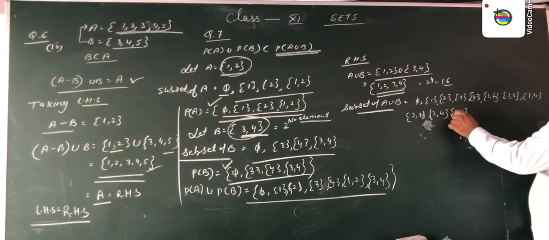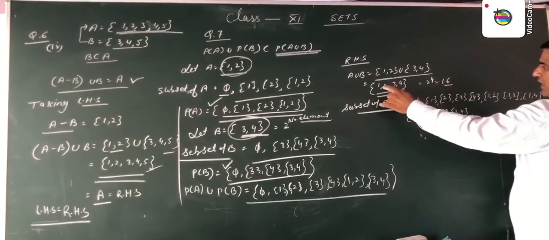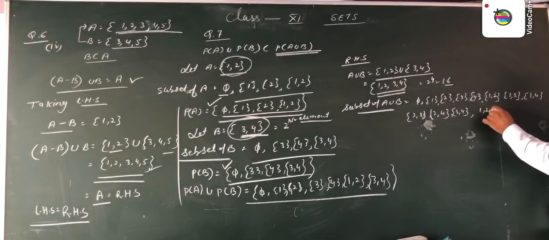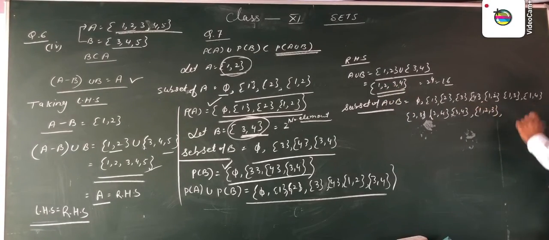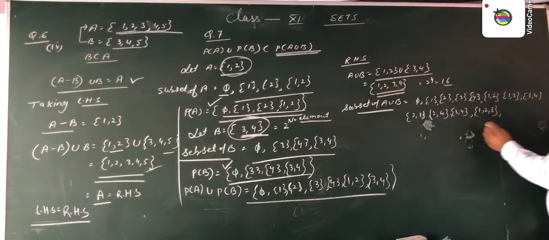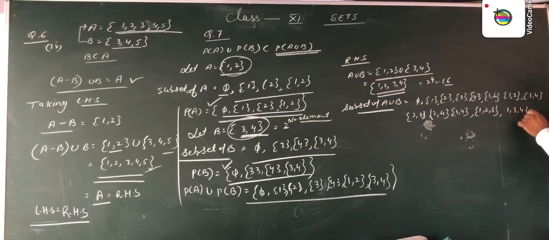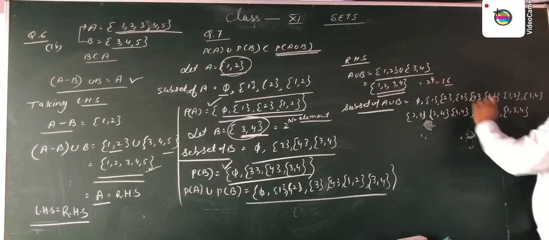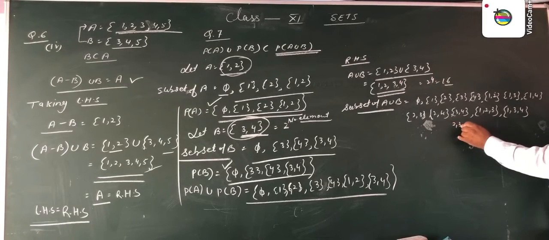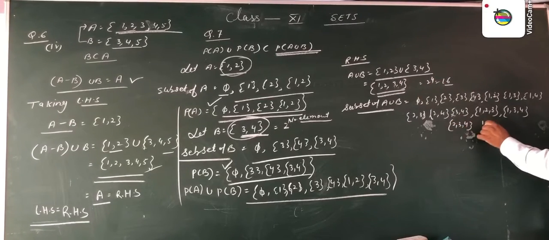And now the triples: 1, 2, 3, then 1, 3, 4, now 2, 3, 4. And last is 1, 2, 3, 4.